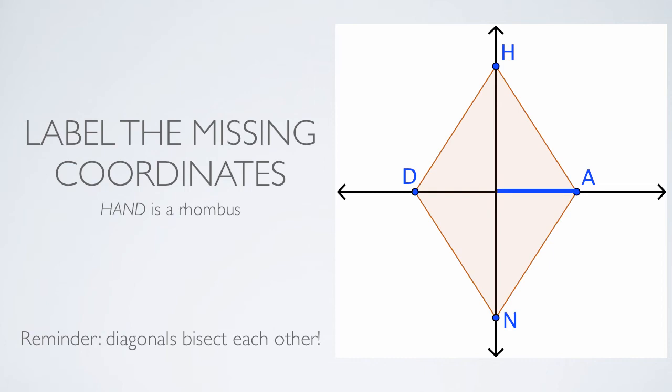And so this distance from the origin to point A must equal the distance from the origin to D. And so if we say A is at (b, 0), then the point D must be at (negative b, 0). Now similarly, because H is the same distance from the origin as N is, if we say H is at (0, k), then N must be at (0, negative k).